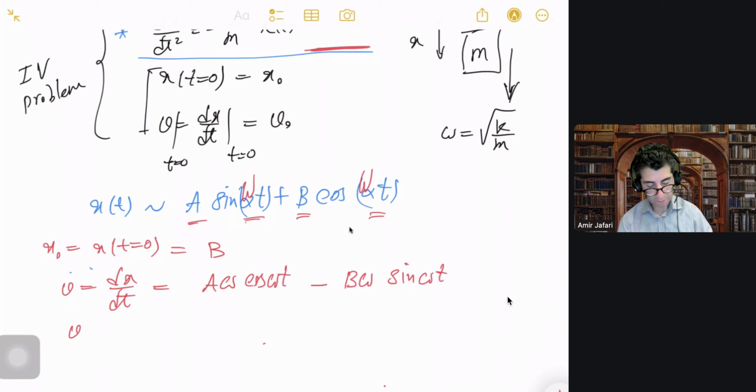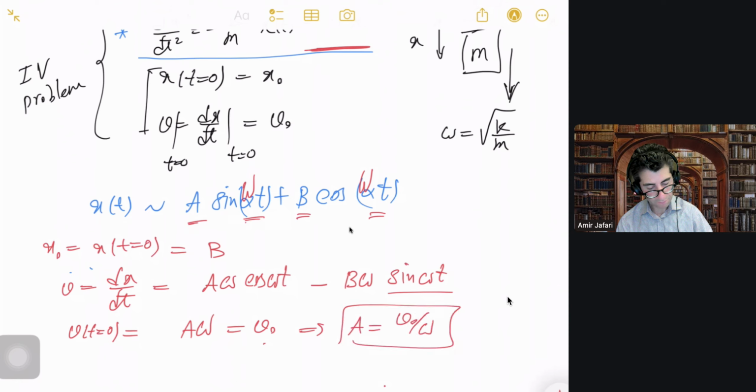Now at the initial time, v at t0, this is going to be A omega, because cosine of 0 is 1, sine of 0 is 0, so this is going to be our v0. So from here, A is V0 over omega, and from here, B is x0.